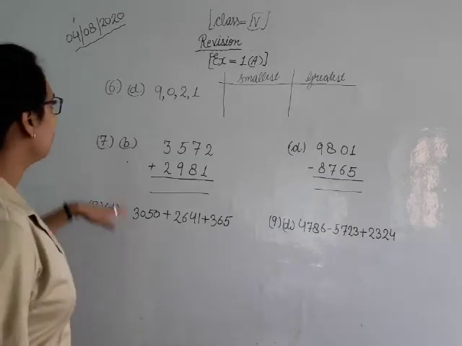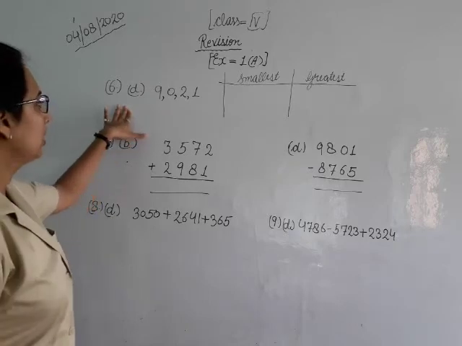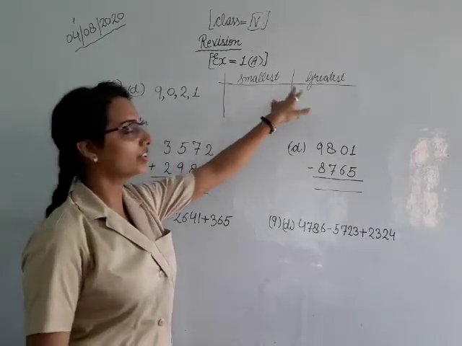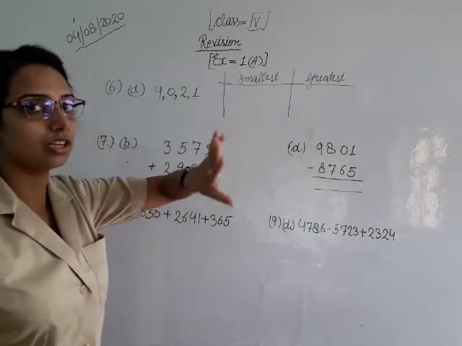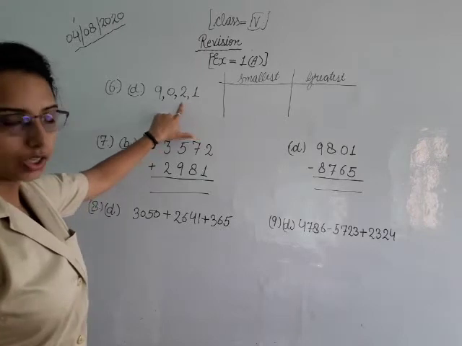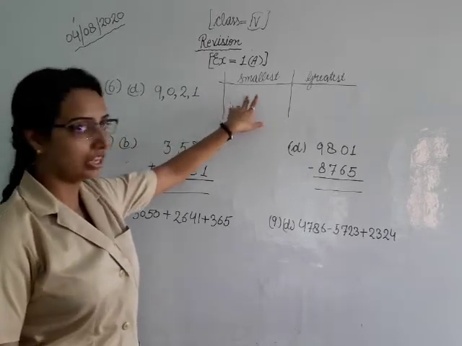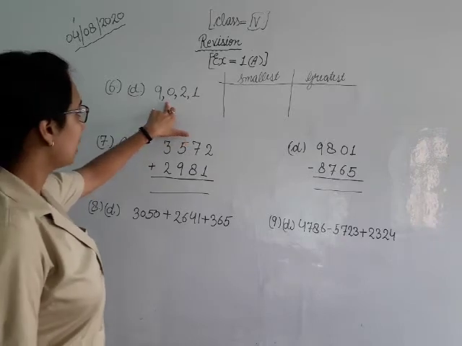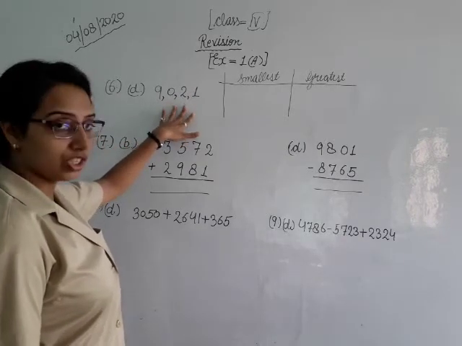Okay. Now coming towards our 6th question. In this way, using these digits, we have to write the smallest and greatest number. And what is the condition? Condition is that we have to use all these 4 digits. So first of all, we will write the smallest. But 0 we can't write at the start because we have to write a 4-digit number.